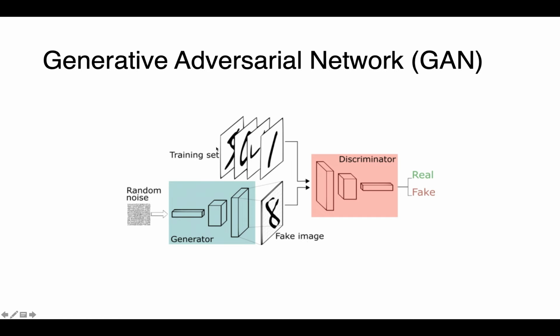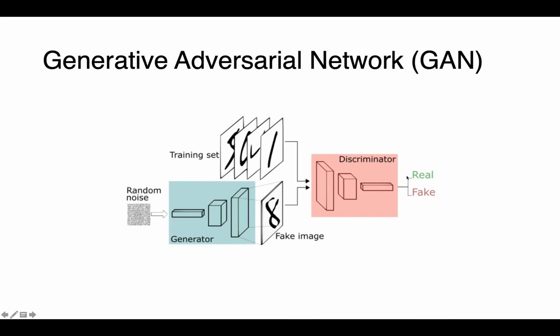For example, if it's an image, then the generator can create an image from noise, and the discriminator can distinguish if it's a real image or a fake image created by the generator.